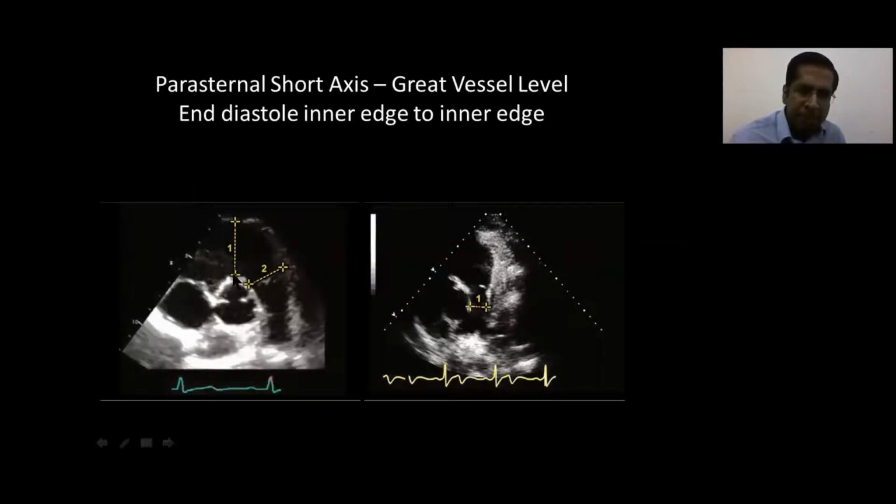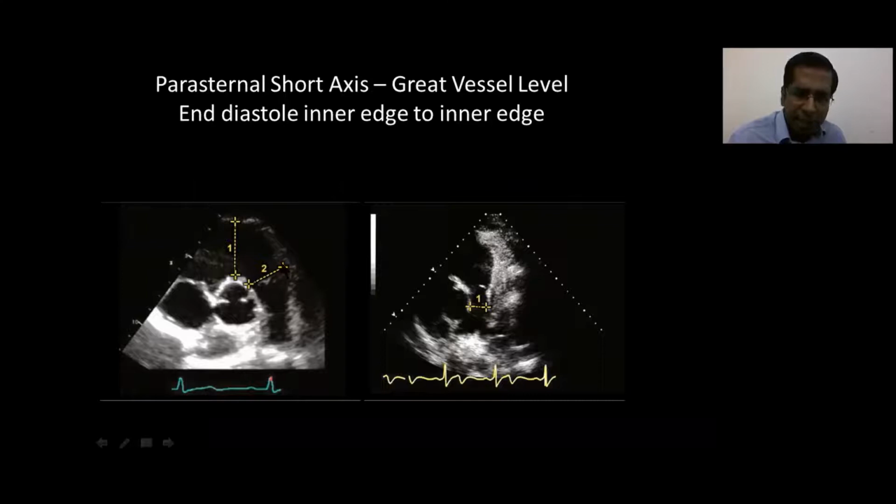In the parasternal short axis view, this measurement is different from that in the parasternal long axis view, and the cutoffs are different. For a condition like ARVC, the numbers also are different for diagnosis.